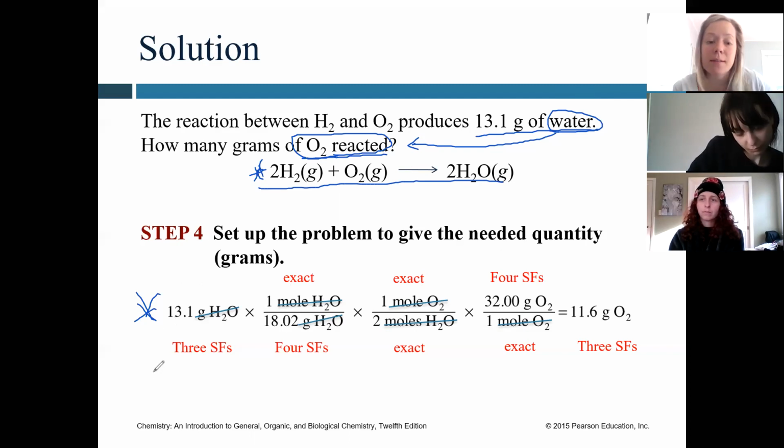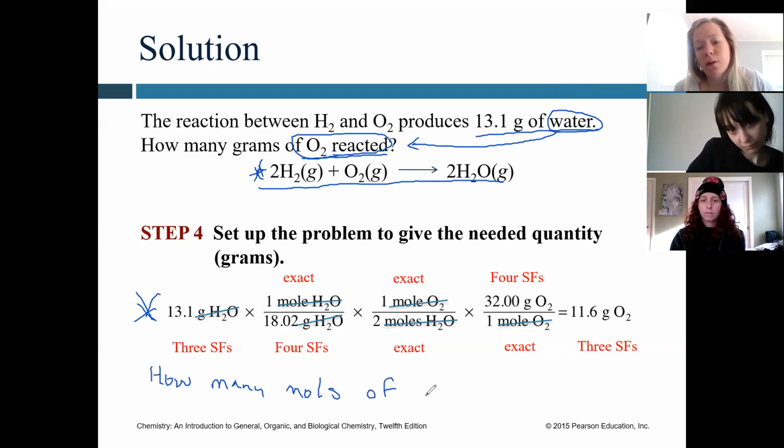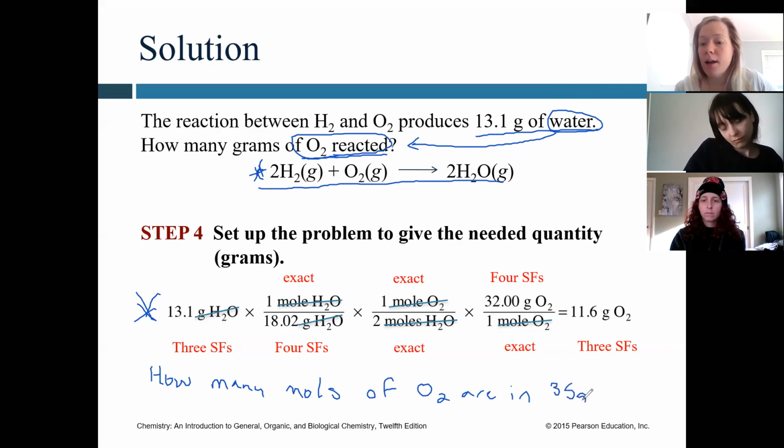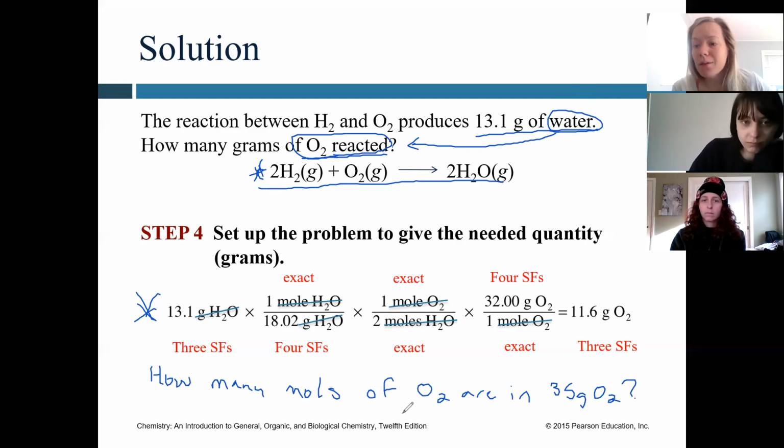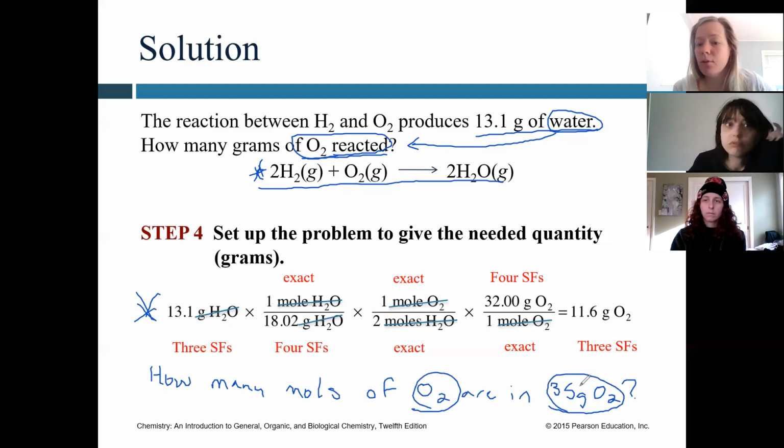All right, if the problem says something like, how many moles of O2 are in 35 grams of O2, do you need to use this system? No, there's no balanced equation and it's asking you how many moles of O2 there are if you have 35 grams of O2. This is just a simple conversion between grams and moles. This is oxygen, this is oxygen.